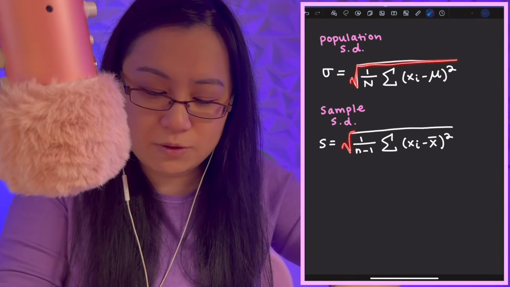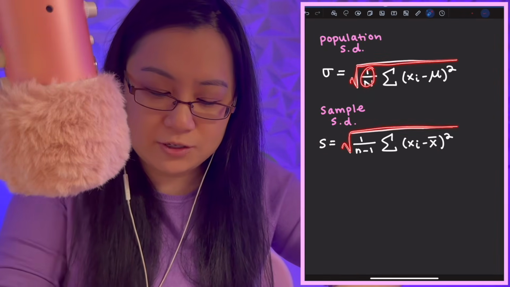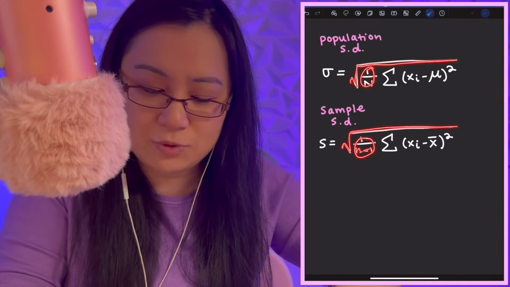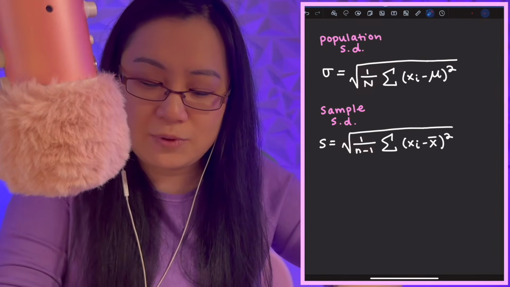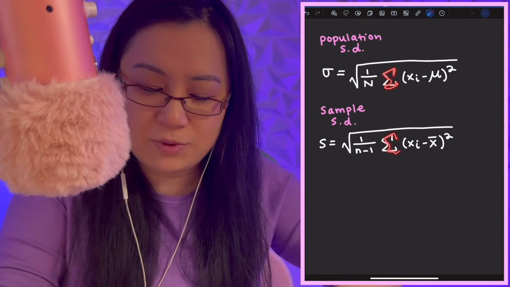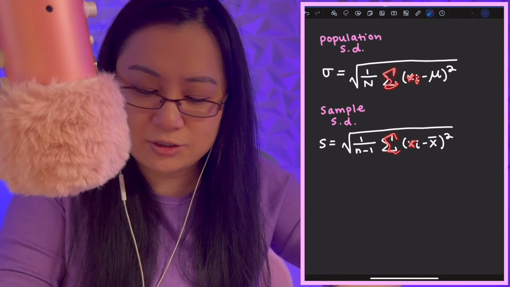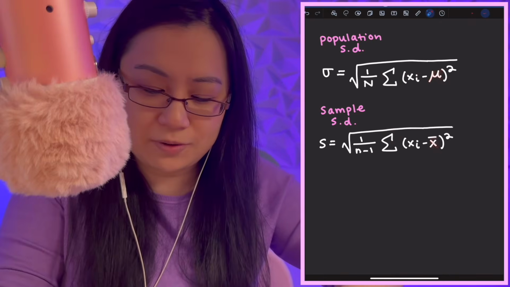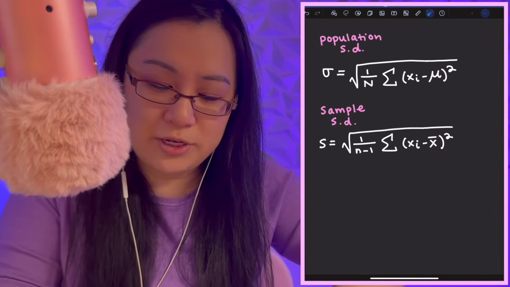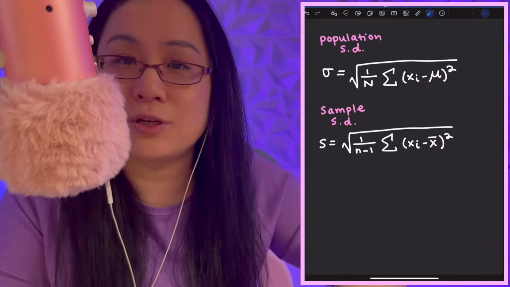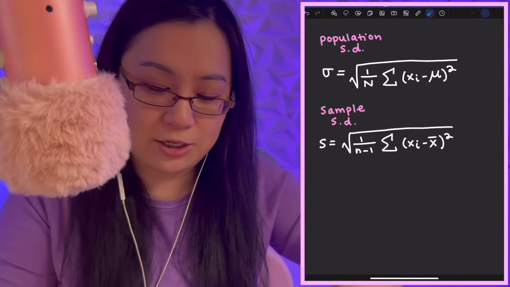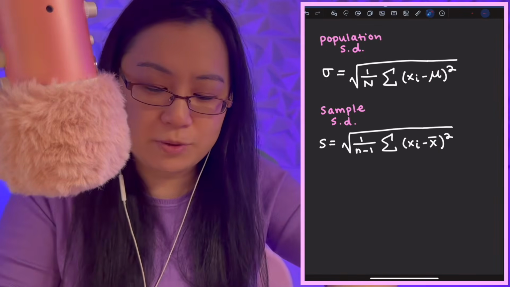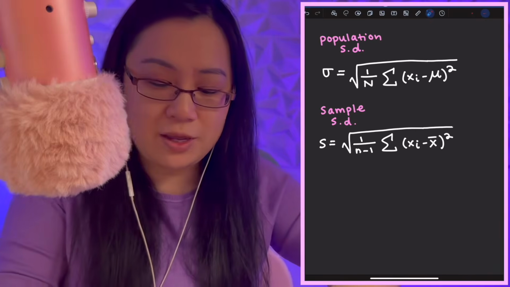We have some square roots, we have the n-1 versus n, which we'll talk about, and we have the x i's, which are the same for both, but then we have mu and x bar. So just pick either formula and use the corresponding notation, depending on population versus sample.